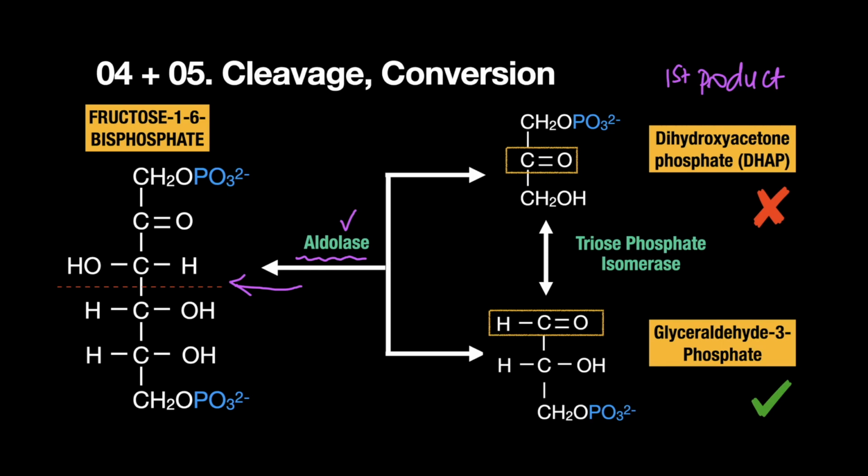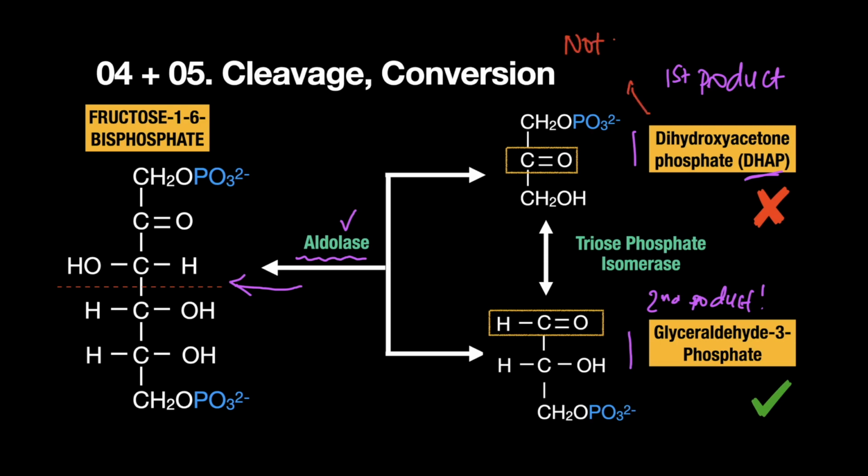One of them is called dihydroxyacetone phosphate, or DAP, at the top here, and the second product is called glyceraldehyde 3-phosphate, or GAP for short. Note that these are formed in a 1:1 ratio. However, do note that only glyceraldehyde 3-phosphate is utilized for further reactions of the glycolysis process.